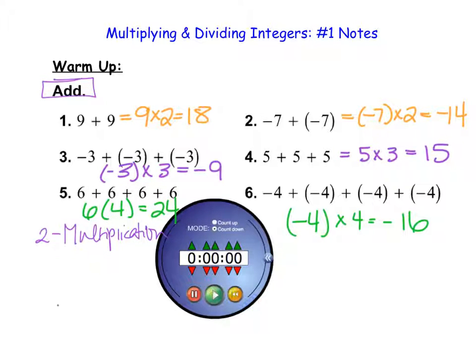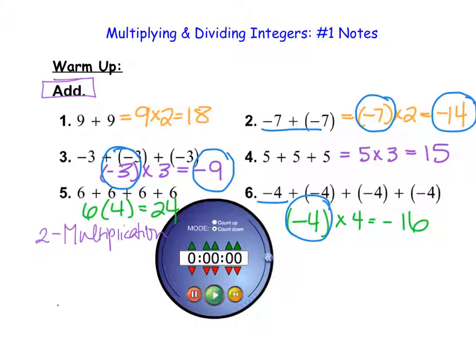Notice that if we had a negative number when we were multiplying or adding them together, our answer was negative. So when we added two negative 7s, it became negative 7 times negative 2, which was negative 14. Same with these negative 4s. We had a negative 4 times positive 4, and our answer was a negative. And that's actually what we're going to be working with today.